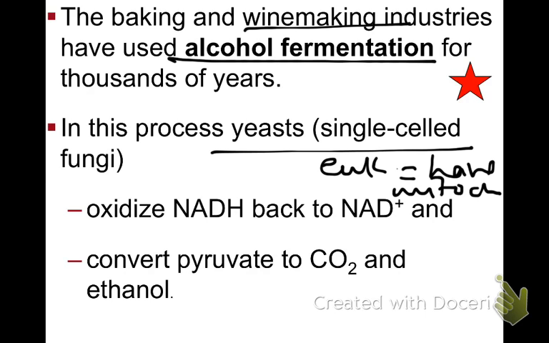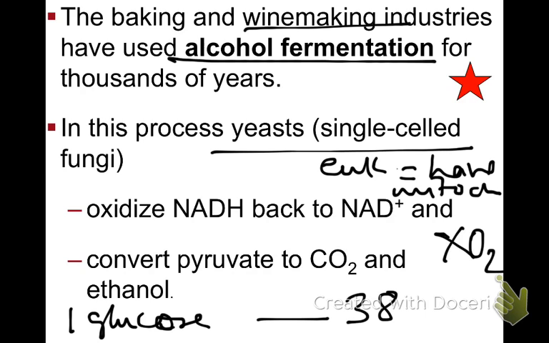Basically, you would not have any oxygen available. Why? If there is oxygen available, it's very easy. 1 glucose and I will easily get 38 ATP, right?